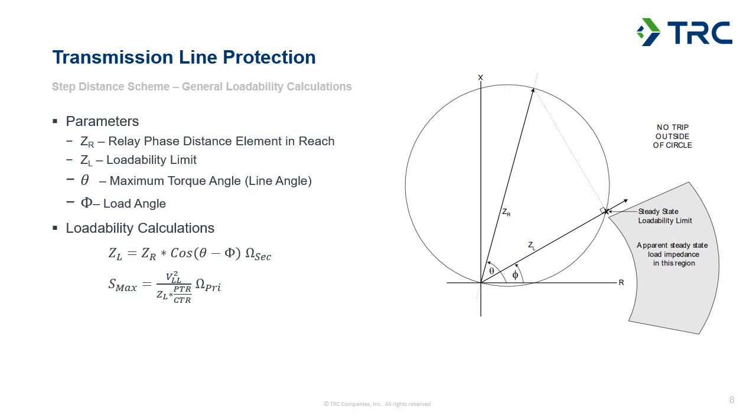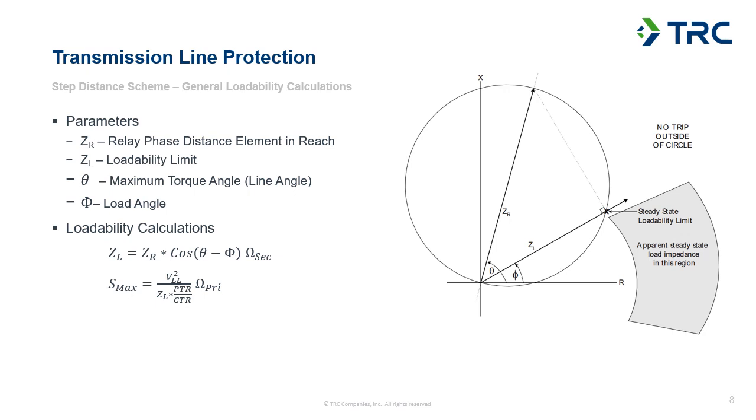ZL is your loadability limit. So this would be the point where at the given angle, that's how much load you would be able to put as an impedance. We've got the maximum torque angle as well as the load angle.